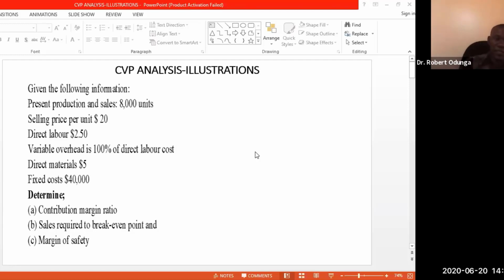Then fixed cost is $40,000. So the contribution margin ratio, the sales to break even, that is the break-even point, and then the margin of safety. Now I will take you to the whiteboard so that we can follow this.